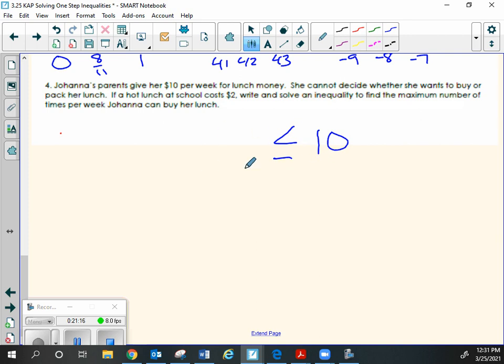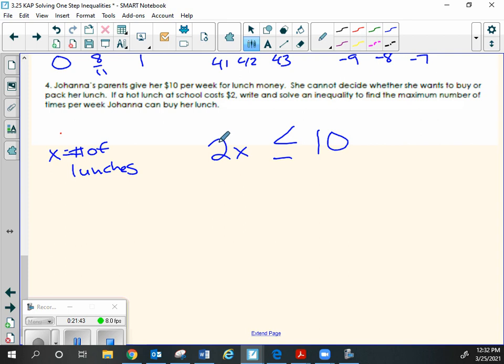Okay, how do we calculate how much we spent? This is coming from how many lunches we're buying. So how can we calculate that? Okay, so let's call x the number of lunches we buy. It would be 2x because each lunch costs $2 and you would multiply.